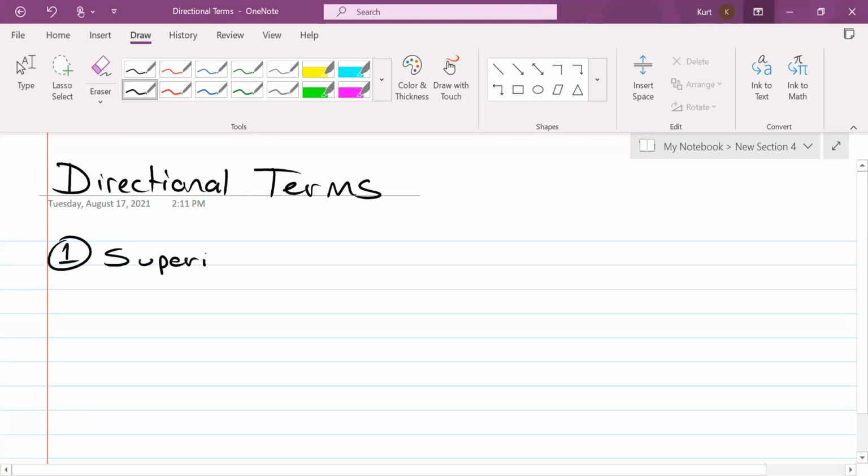Superior and inferior. Superior means above. The sky is superior to the ground. Your brain is superior to your heart.